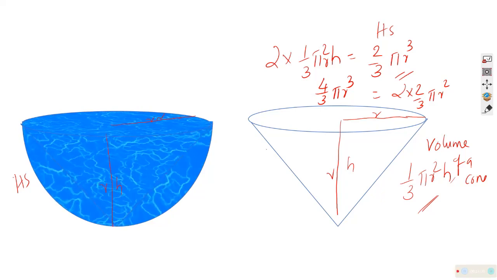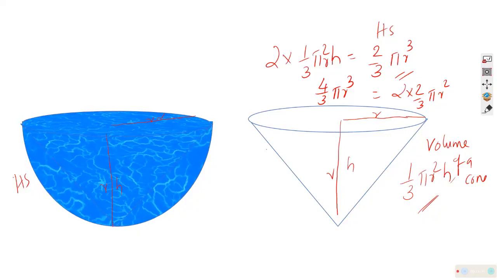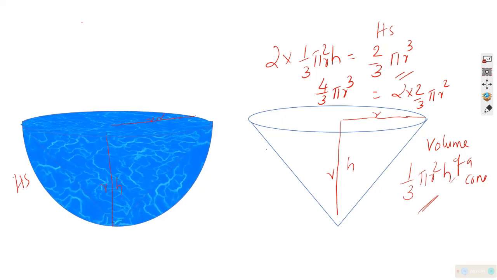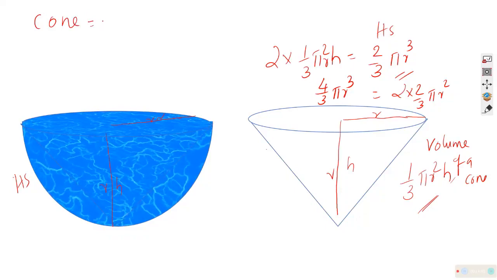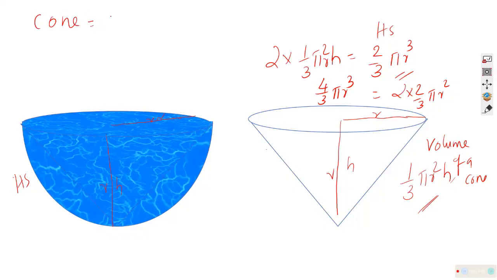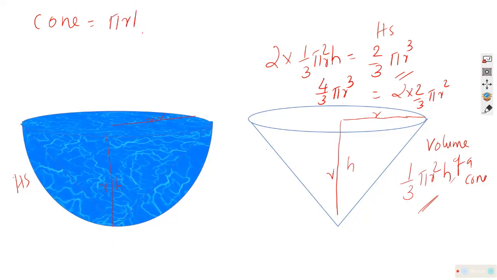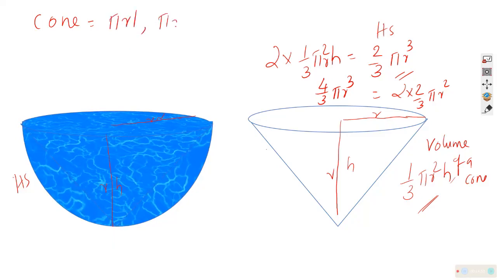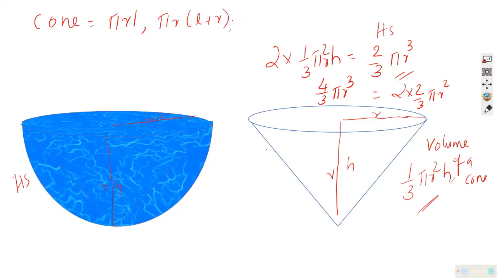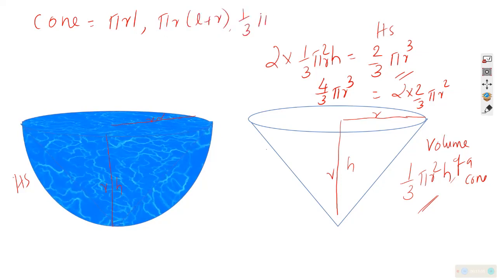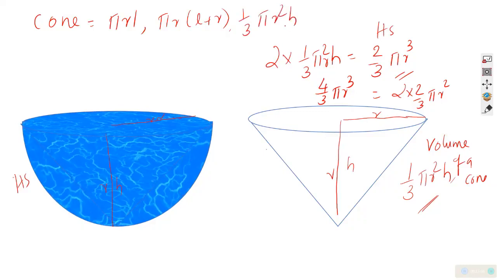So slowly and steadily we reach the basics of surface area and volume of different figures. Especially about the cone, you studied the curved surface area, pi r l, and the total surface area, pi r into l plus r, and you also studied that 1 upon 3 pi r square h is its volume.